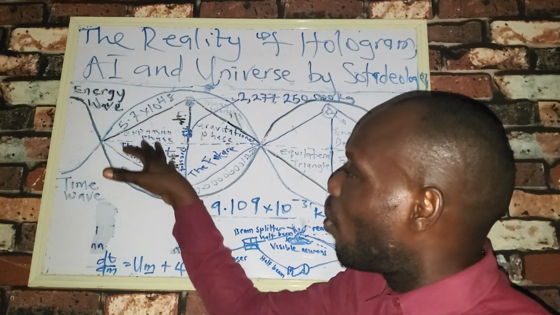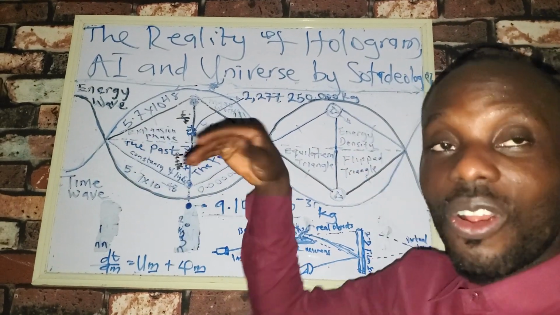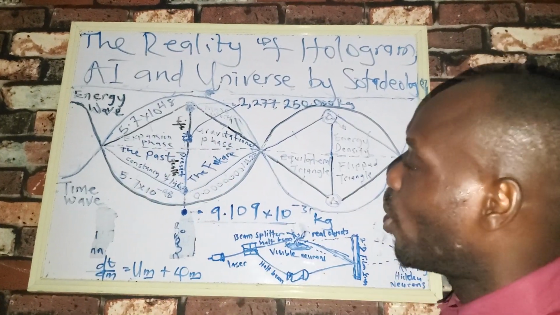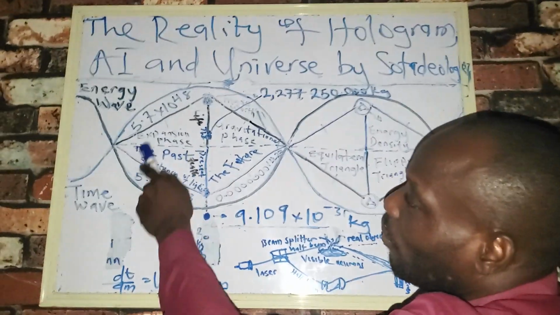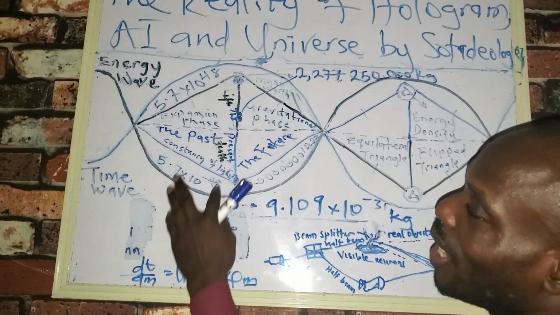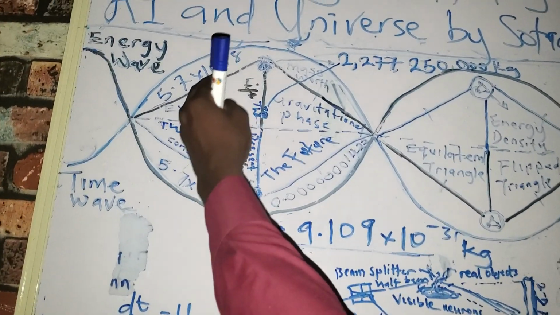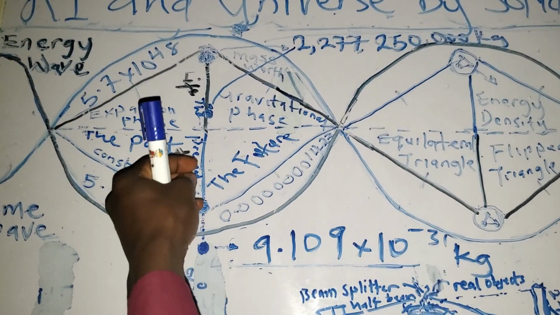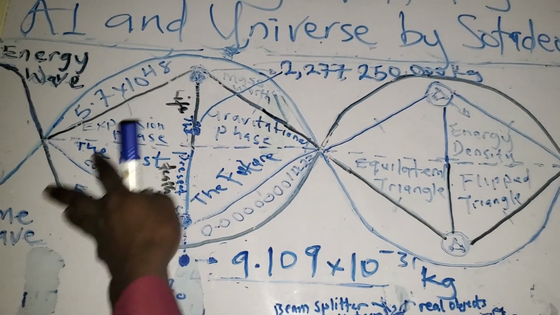From my discovery, I realized that AI is currently interacting with the life field, because in this expansion phase we have the relativistic relationship of the gravitational field to the electromagnetic field, and that has generated a new form of field, which is the life field.